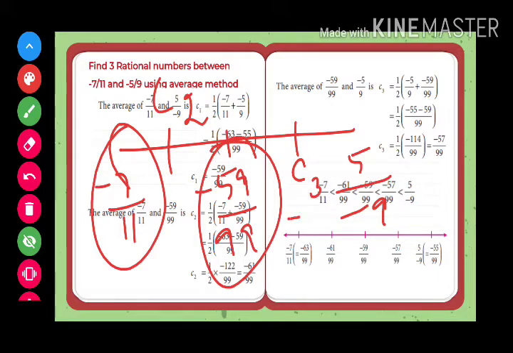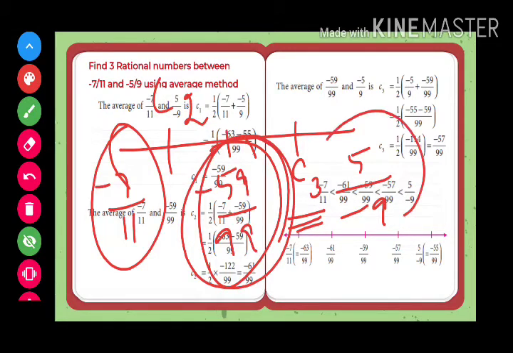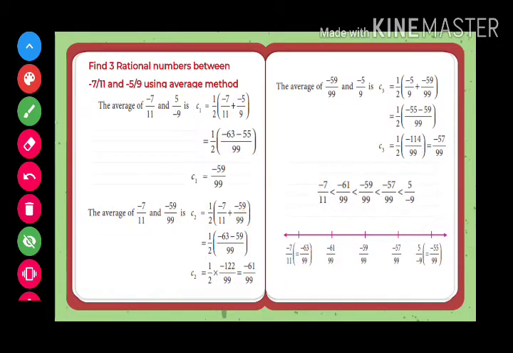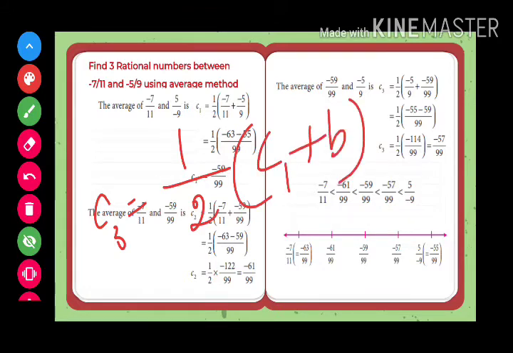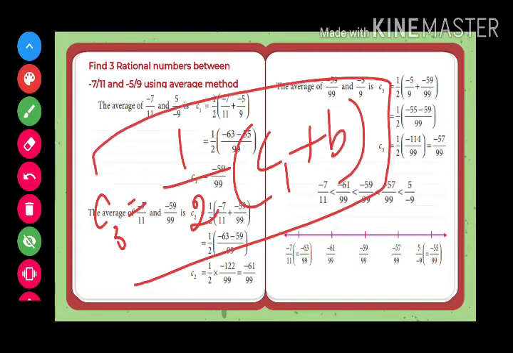You should take the average of minus 59 by 99 and minus 5 by 9, that is, the average of C1 and B. So what will be the formula for finding the value C3? C3 is equal to half of C1 plus B. This is how you find C3.